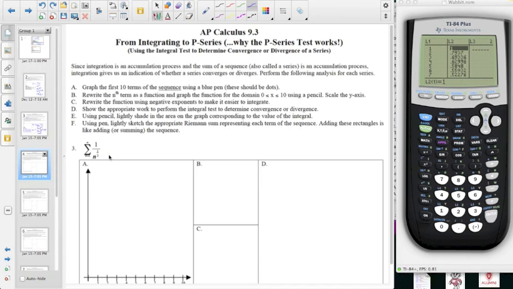So as we are trying to figure out when we transition from this being a divergent series, we'll just keep changing the value of the power here. Now we're looking at n to the half power, so I'm going to come up to the top of list 2 and say this is 1 divided by the quantity list 1 to the half power, which is 0.5, or the square root of list 1, however you want to write that.